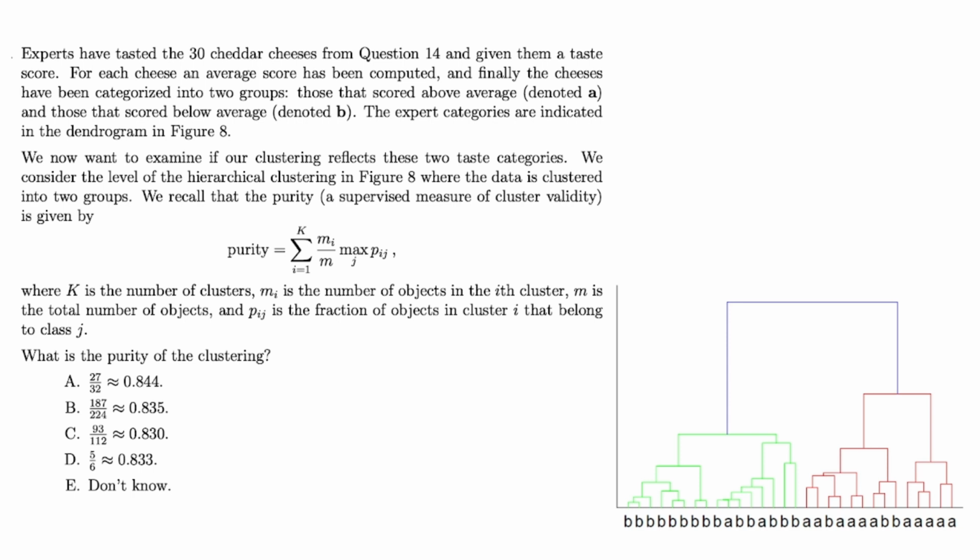Because you can pick this level and you have more clusters than this level. The purity of the clustering should actually be the same. But since they give you the hint of computing these two, you take k equals 2 and you compute for these two clusters. Yeah, and it's just computing.